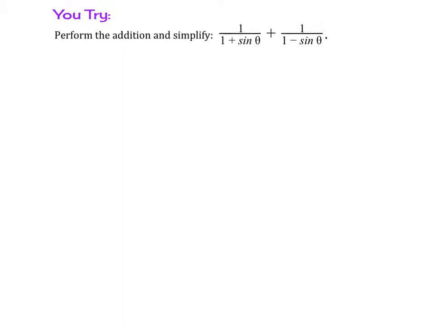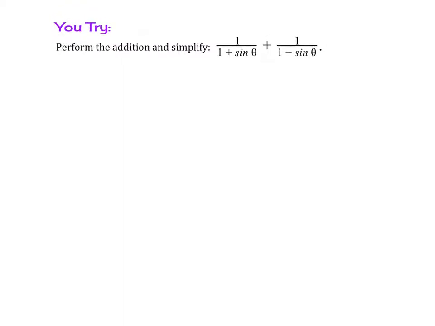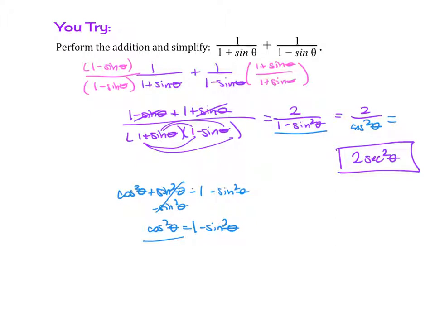So try this example. Perform the addition and simplify. So trying this out, you multiply by the conjugate, so 1 plus sine of theta on the right, and then on the left you multiply 1 minus sine of theta to the numerator and denominator, and then you notice the numerator becomes just 2 because the negative sine and positive sine of theta both disappear.